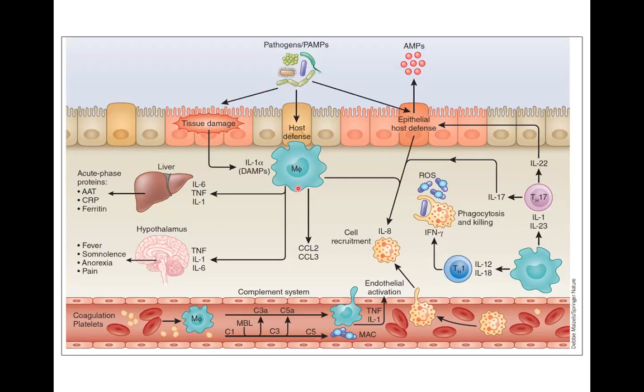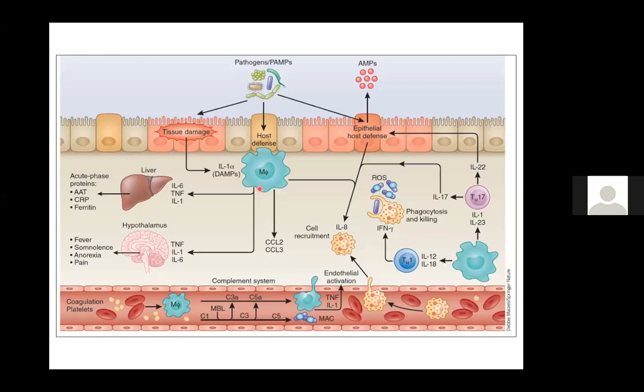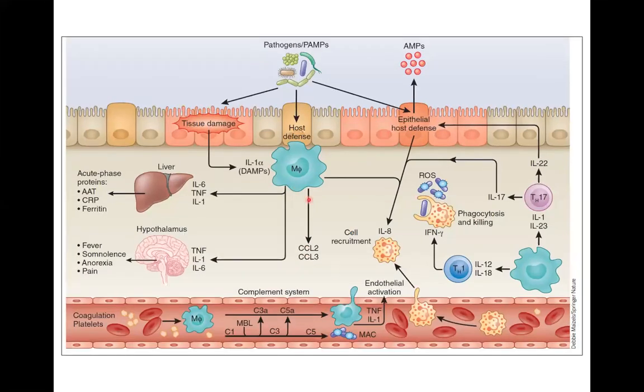Those will be recognized usually by the resident macrophages or the dendritic cells found within that tissue, and these will become activated and produce different molecules, for example, cytokines, that will have an effect on, you can see down here, the blood, the closest blood vessel to that particular site.